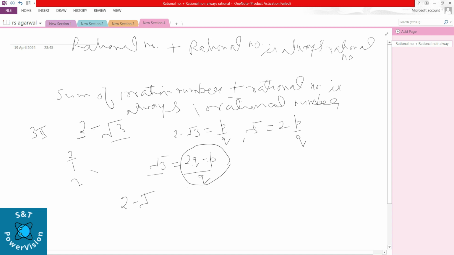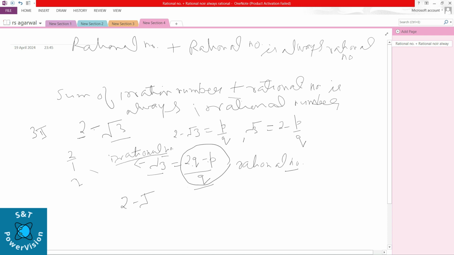See, here root 3 is an irrational number, and here (2q minus p) by q is a rational number. Right, so both are a contradiction of each other.